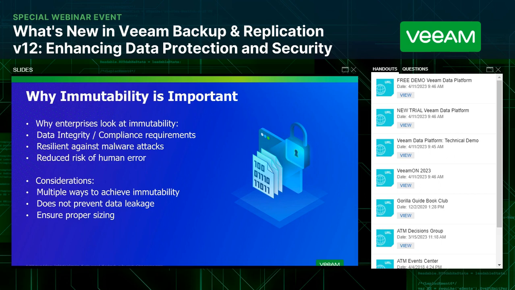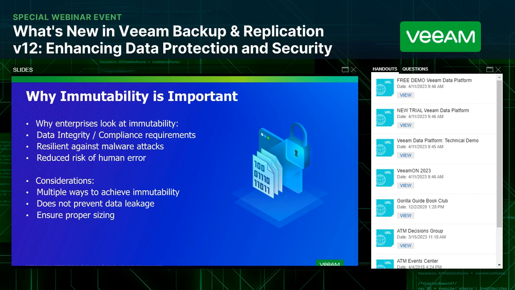If you're using something like S3 or S3 compatible object storage, whether on premises or in the cloud, you could probably leverage just S3 object lock technology, which is built right into it. Very simple to work with, straightforward. With v12, you can leverage Azure Blob immutability if you want to use that as a place to go back to.